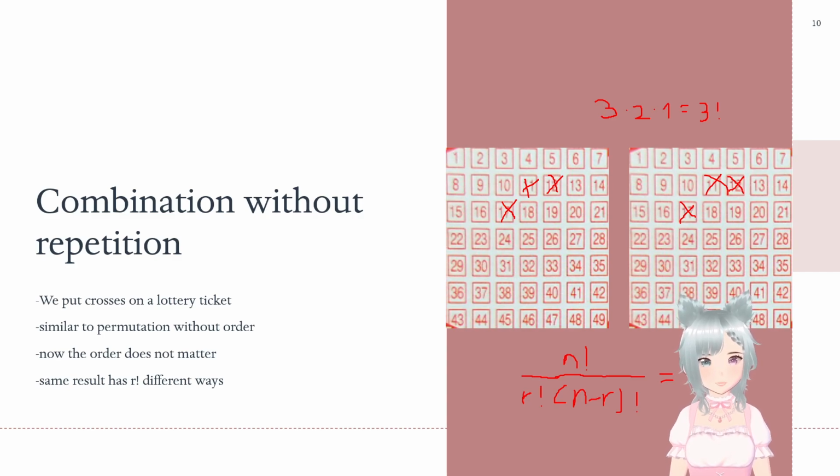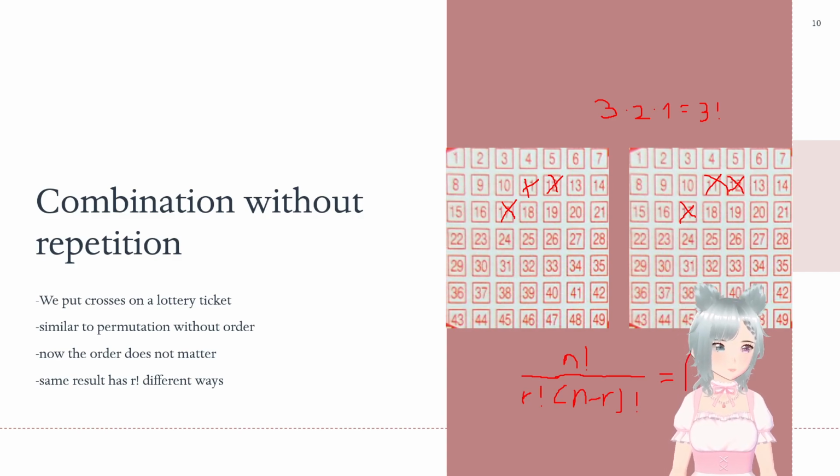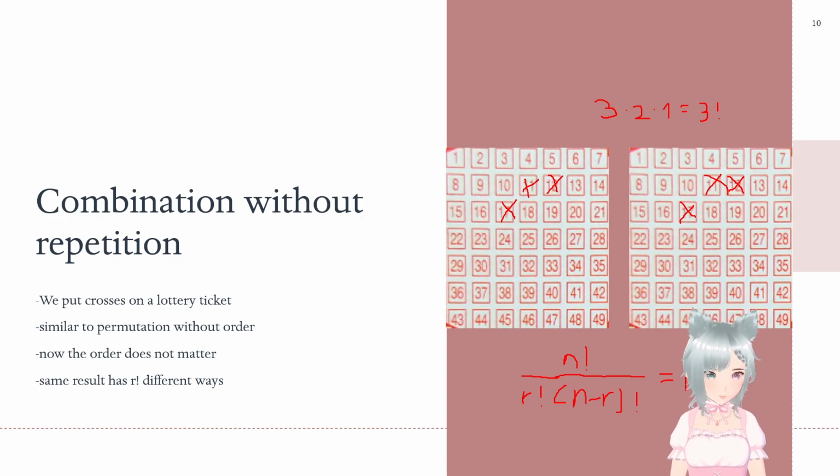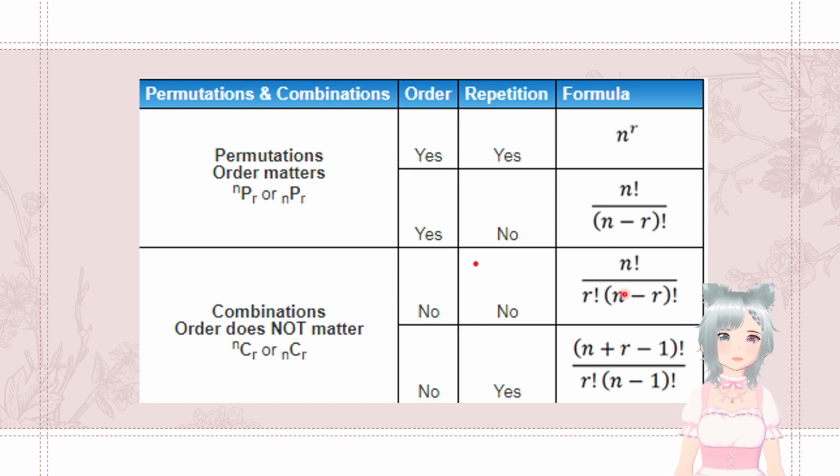It's called n choose r, and you just put them over each other in brackets. So this is the same, just a different way to write it down, but in the end it's the same. And this will be the solution for our combinations where order does not matter and we have no repetition.